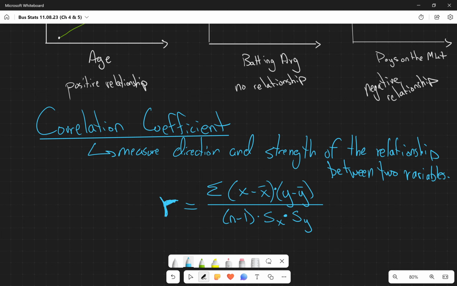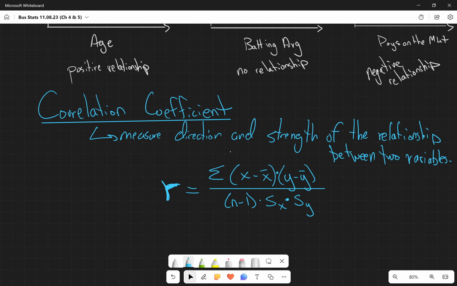So this r variable can range from -1 to +1. The closer it is to those extremes, the stronger the relationship. So if it's a correlation coefficient that's -0.95, that's a very strong negative relationship.